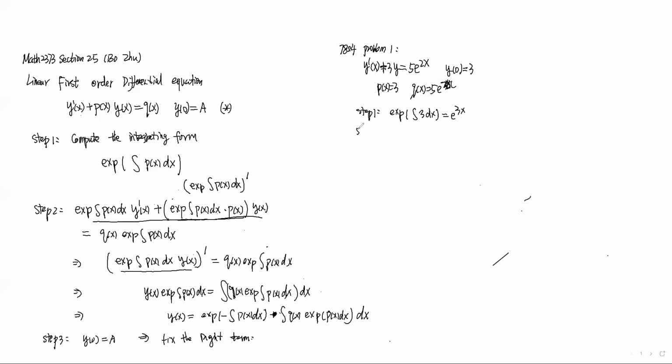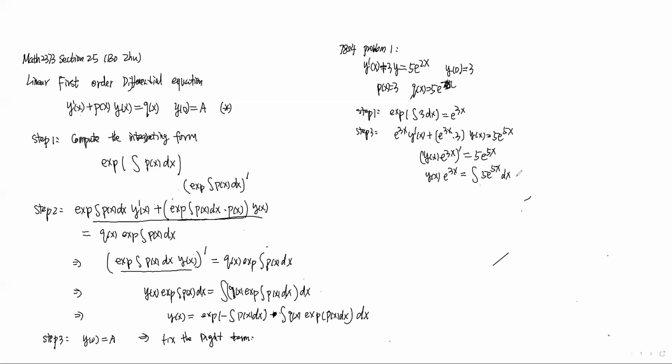Step 2: multiply by this on both sides. e^(3x) y' plus e^(3x) multiplied by 3 and y(x) is 5e^(5x). By the computation on the left-hand side, this is the derivative of y(x)e^(3x), and this is 5e^(5x). Then y(x)e^(3x) is the integral of 5e^(5x) dx.